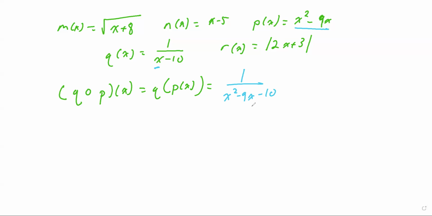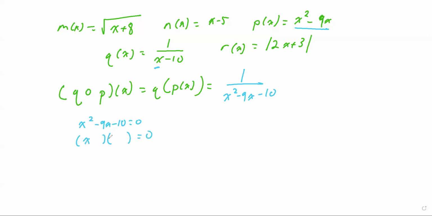There is a second question that goes with this, and it asks, what is the domain? So you have to figure out what the restriction is here. This is a fraction. 0 cannot happen on the bottom. So we're going to take the denominator and set it equal to 0 to figure out what x cannot be. Remember, this is a trinomial which you can factor. A trinomial factors into two binomials.